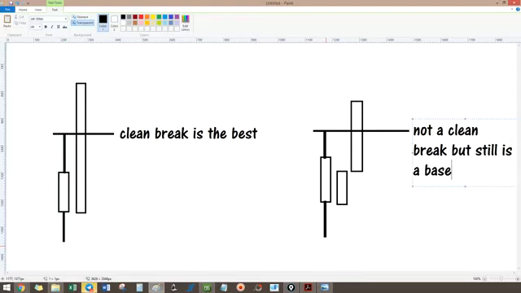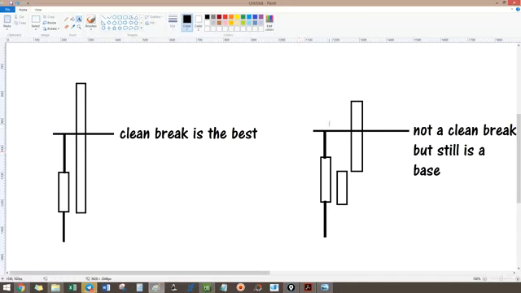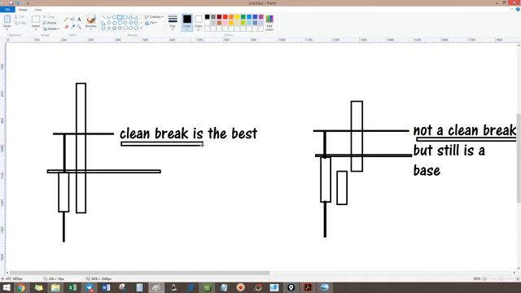All right, this one is still called a base because it broke here, it has already confirmed the base. Okay, so we can still expect rejection here. We can still expect rejection here. Okay, so are you going to take the risk of this not clean break, or are you waiting for something with a clean break and missing a trade?